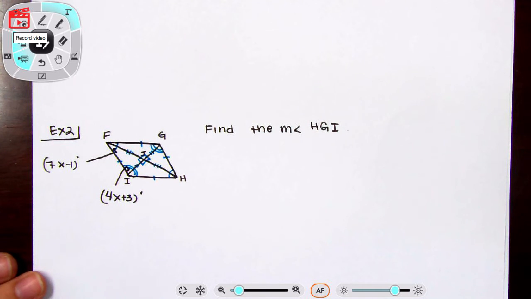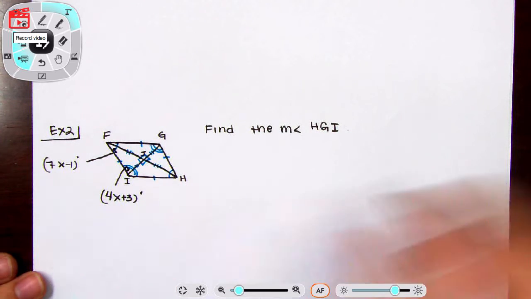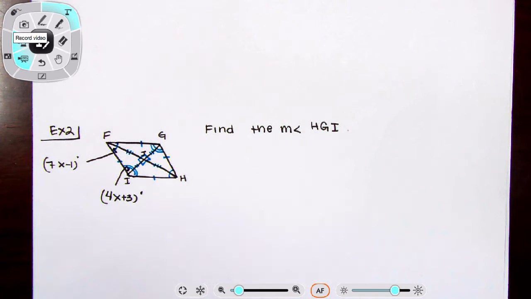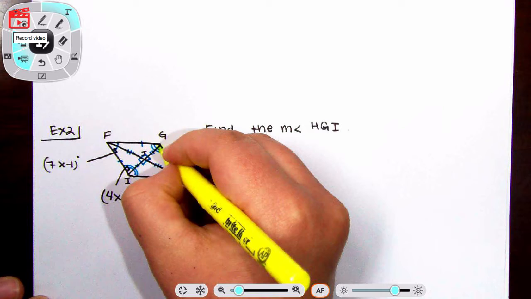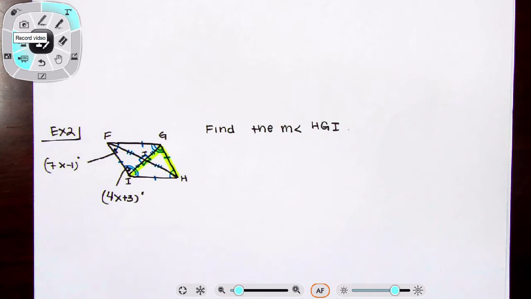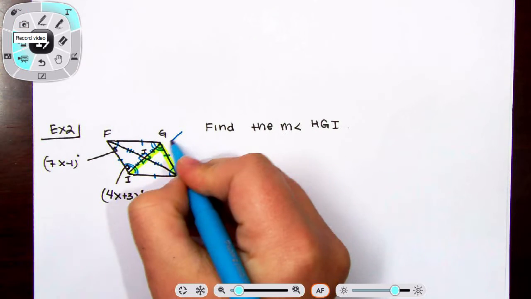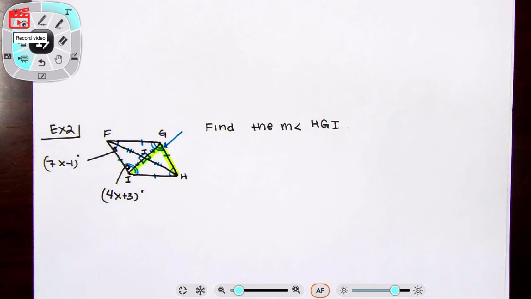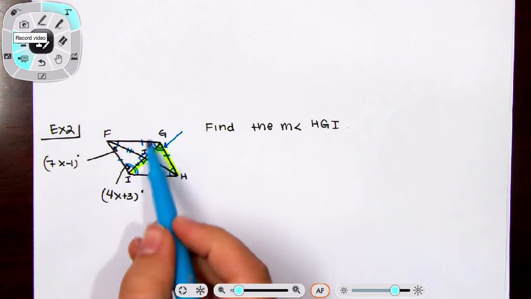So let's go ahead and find the measure of angle HGI. So HGI is this measure right here. Unfortunately, I don't have any information on this side.